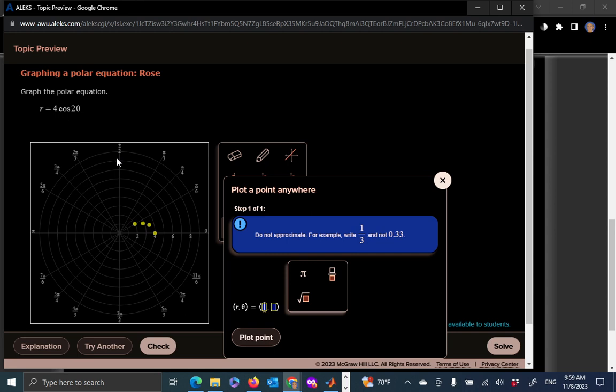Next is pi over 2. Divide by 2, I will have pi over 4. Double of that is pi over 2. Cosine of pi over 2 is 0. 4 times that is 0. So we have reached the origin. Okay, we can continue like this to see where we go. It's instructive to continue. Now try to guess where we are going to go.